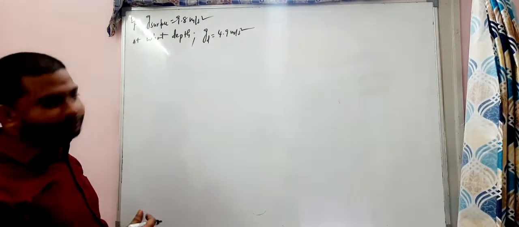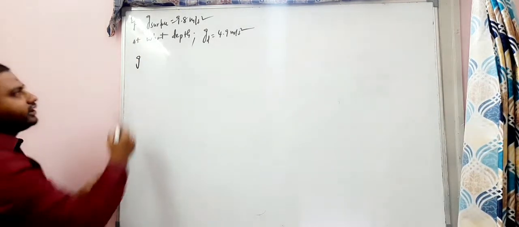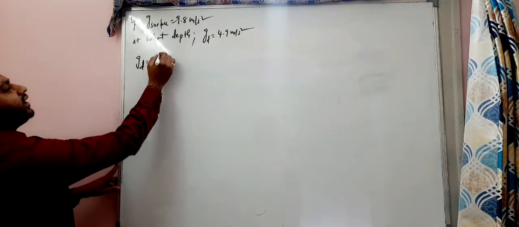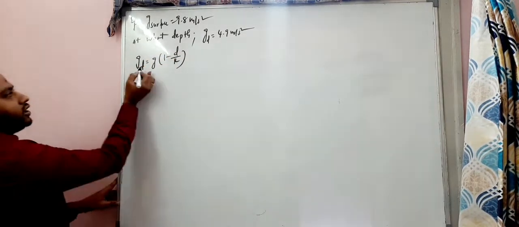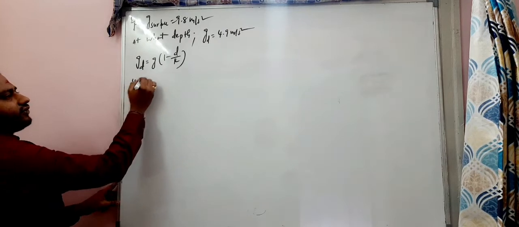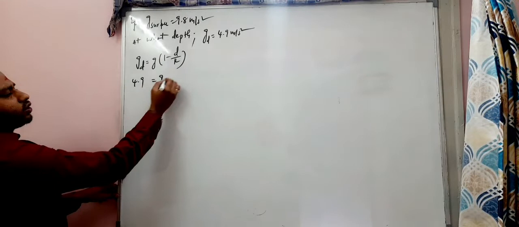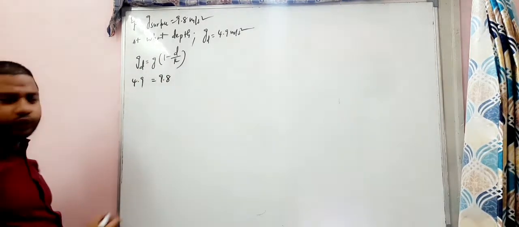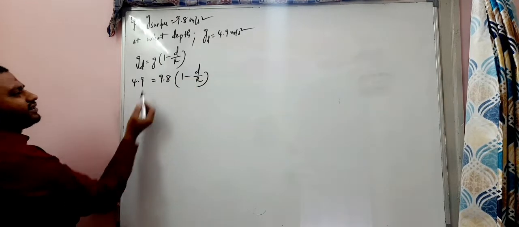At what depth? Let's find, using the one and only formula: g at depth d is equal to g into 1 minus d by R. Let's write g suffix d, which is 4.9, equal to g on the surface, 9.8, into 1 minus d by R. See how simple it is.